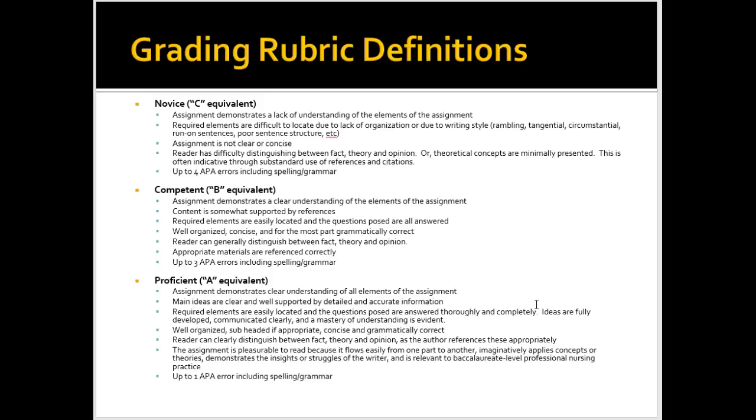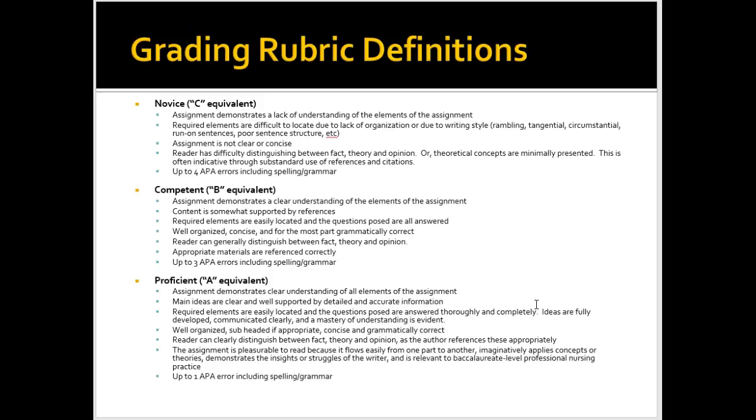This grade is given when an assignment demonstrates a lack of understanding of the elements of the assignment, or required elements are difficult to locate due to lack of organization or due to writing style, when the assignment is not clear or concise, when the reader has difficulty distinguishing between fact, theory, and opinion, or theoretical concepts are minimally presented. This is often indicative through substandard use of references and citations, and or when up to 4 APA errors, including spelling or grammar, has occurred.